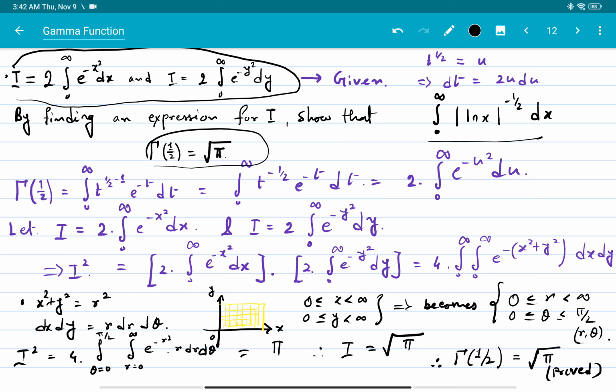How can you prove this? You can tell me in the comment box, or you can do it yourself and send it to me via my mail.